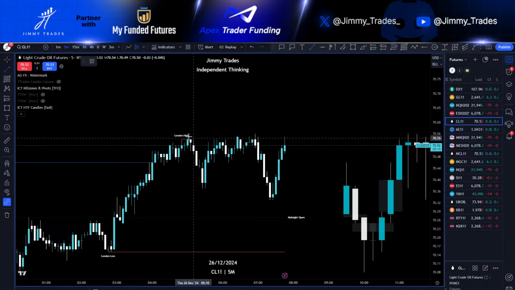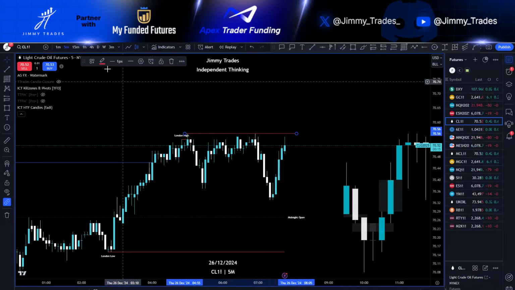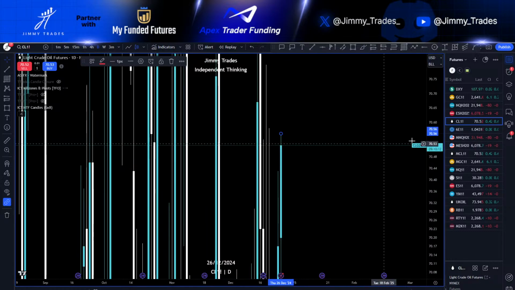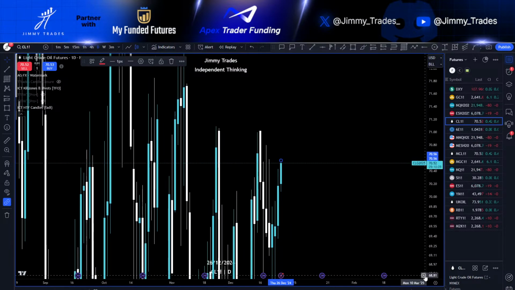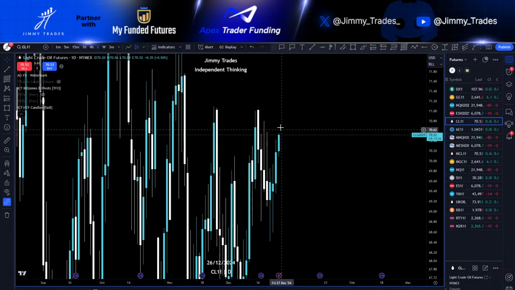Equal highs. Imagine we'll see them taken. A nice move higher with some displacement here as well.